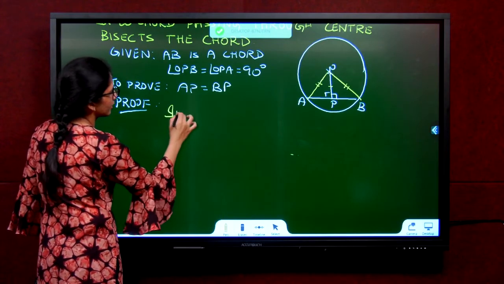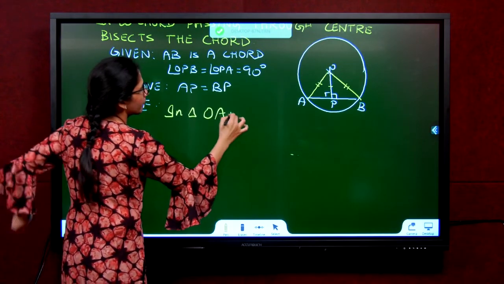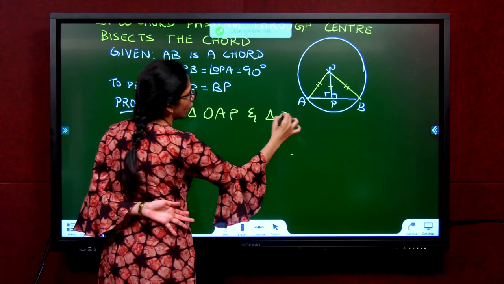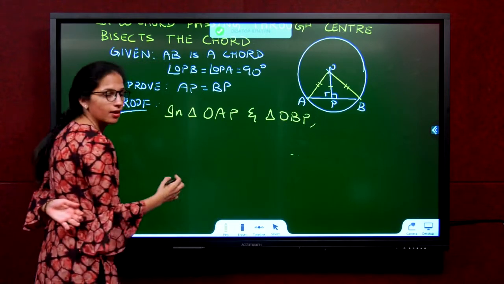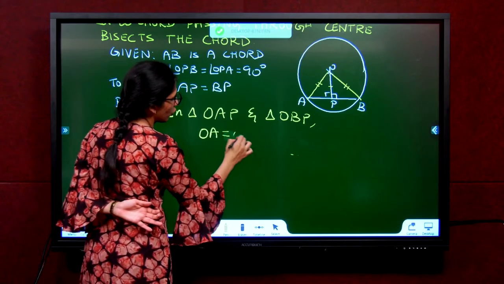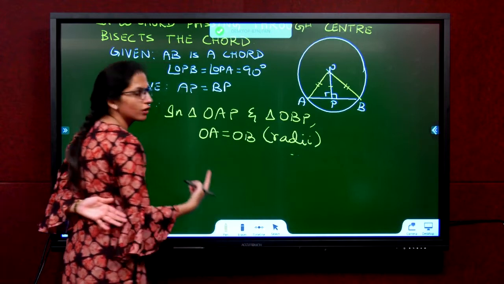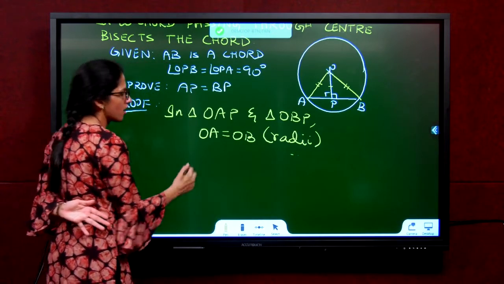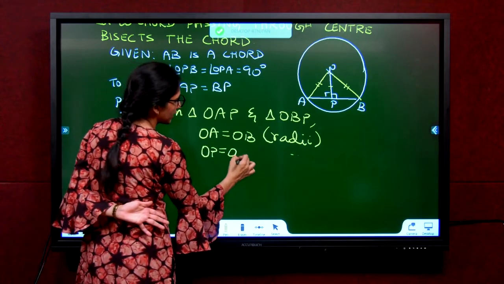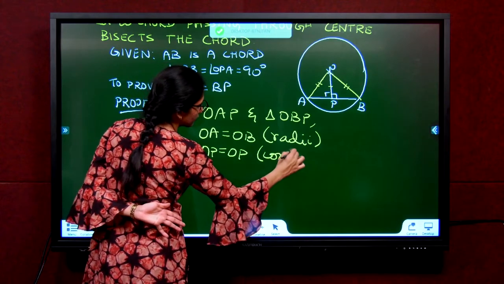So in triangle OAP and triangle OBP, OA is equal to OB. Why? Because they both are the radius. Plural form of radius is radii. OP equals OP, common.